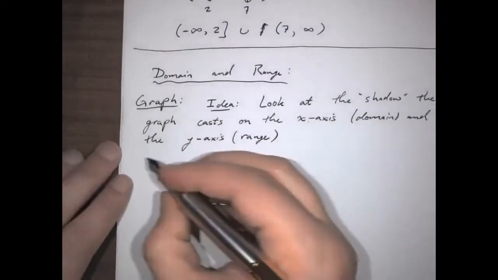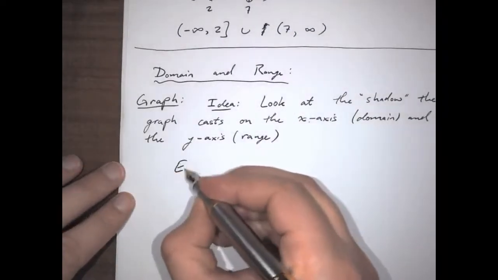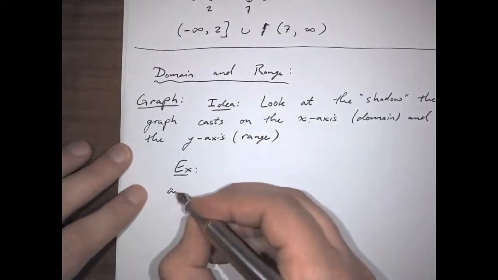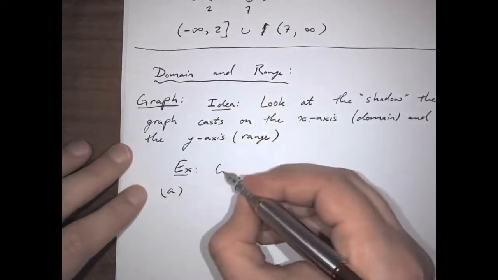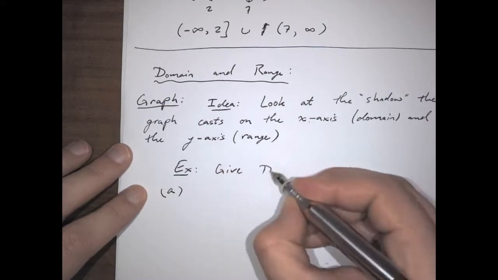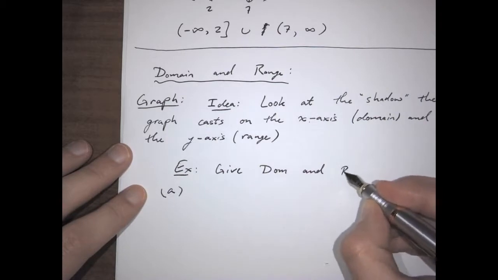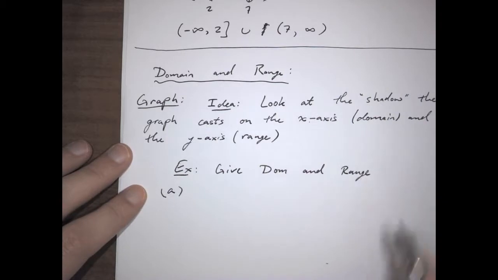So, for example, let's take a graph that looks like this. As our first one, give the domain and range.